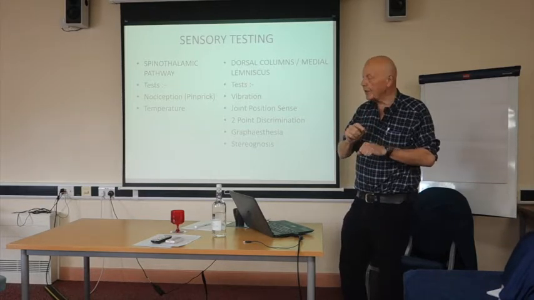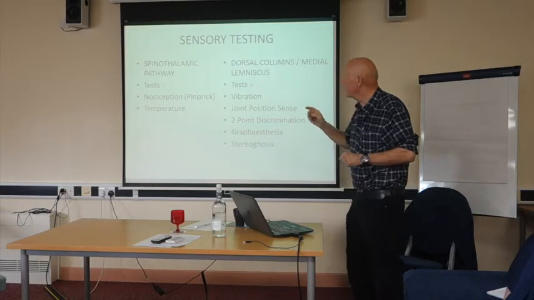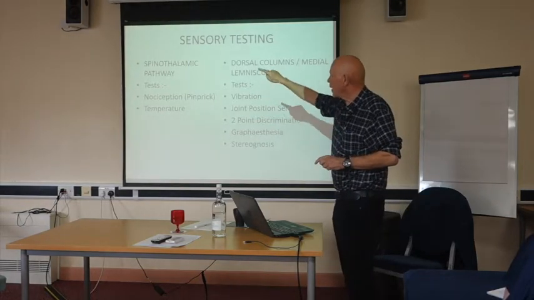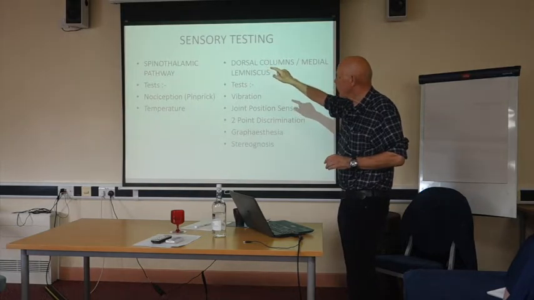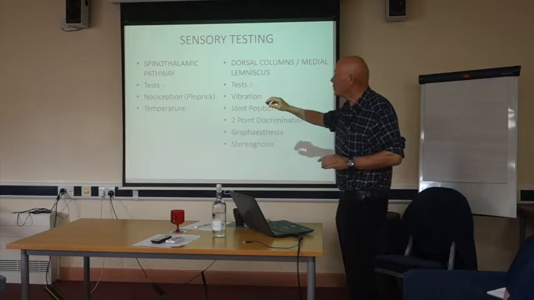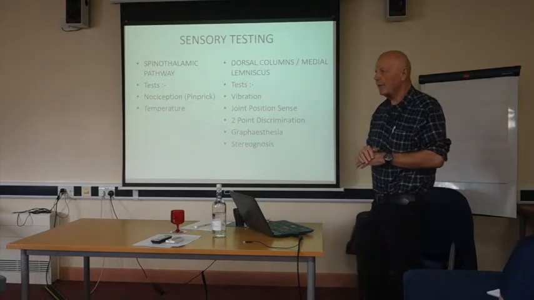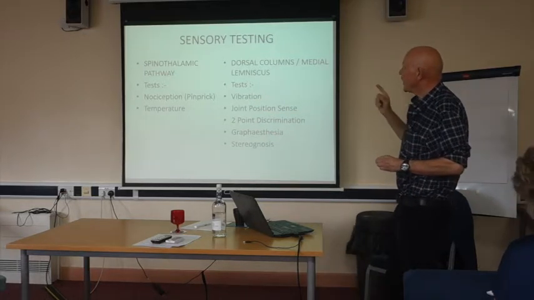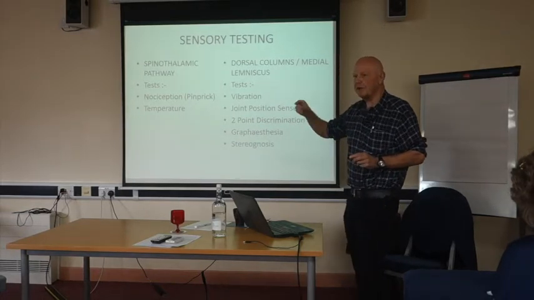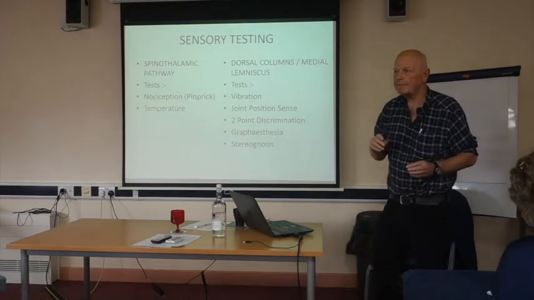And that triggers these free nerve endings, and that sends up the spinothalamic pathway. And the hot and cold sensation also goes up that pathway. So to test the spinothalamic pathway, you need to use either pinprick or temperature, and we would normally use pinprick.